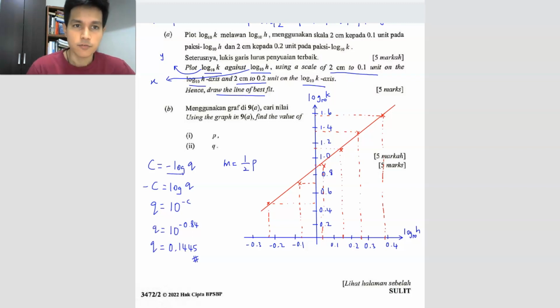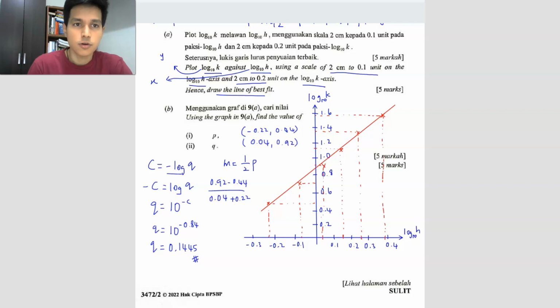Okay, now you want to find your M value. M is gradient. So you can take 2 points here, find your gradient. So in this case, I took 0.92 minus 0.44, over 0.04 plus 0.22. So my two coordinates I'm taking is negative 0.22 and 0.44, as well as 0.04 and 0.92.